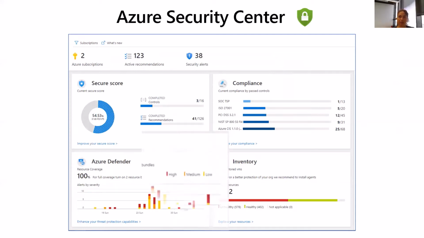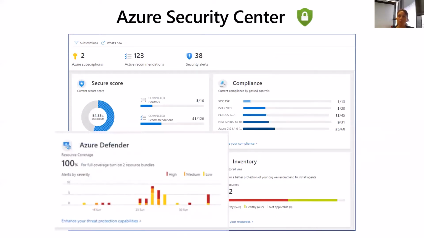Azure Defender in Azure Security Center provides threat protection for workloads running in Azure, outside of Azure, and in other clouds. It enables continuous assessment of security posture, protects against cyber attacks using Microsoft's vast threat intelligence and streamlines security management with integrated controls.